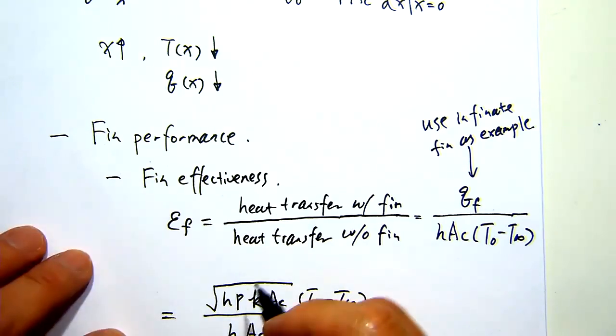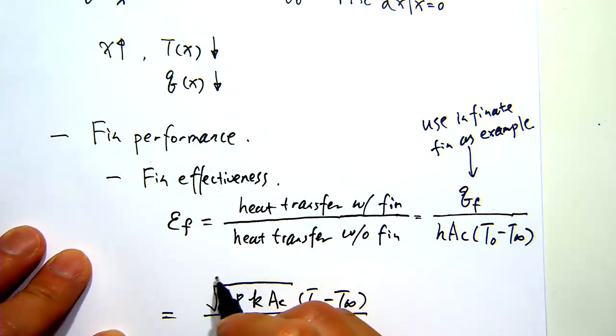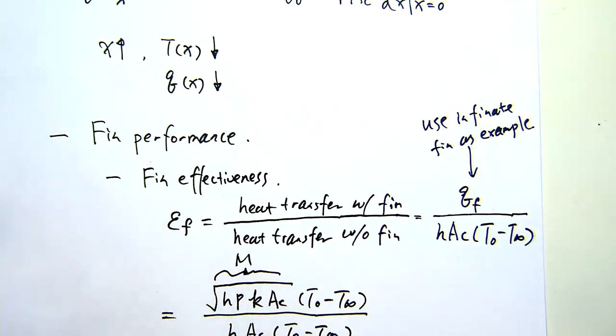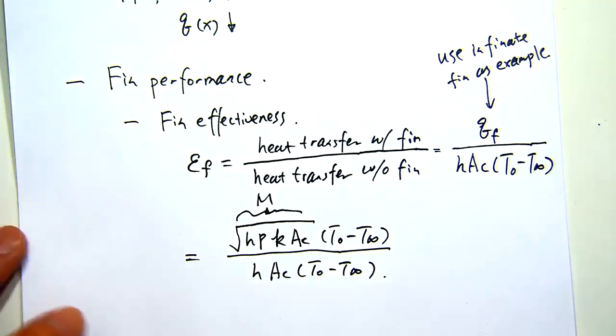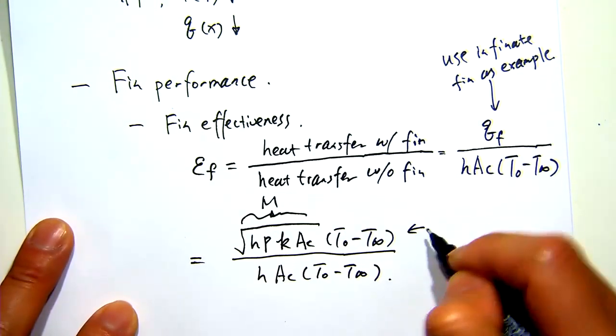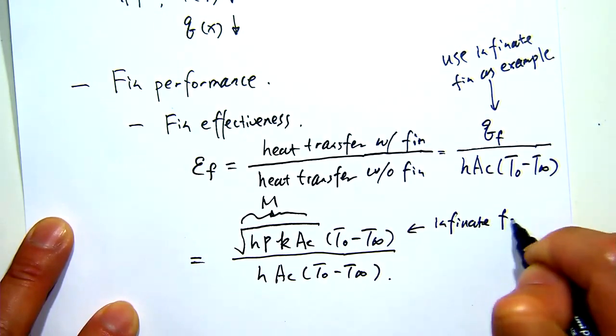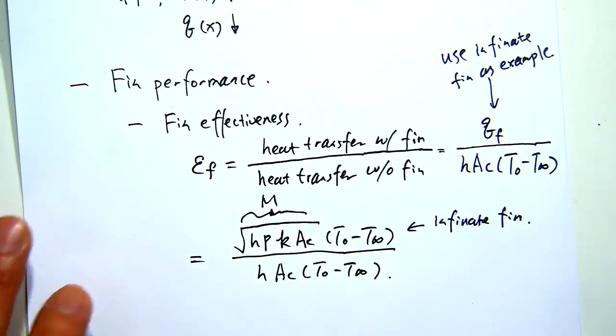This one, if you're looking at the table, is the capital M in that table. And again, this one is for the infinite fin, which we used as an example here, just to show different parameters affecting the fin performance.